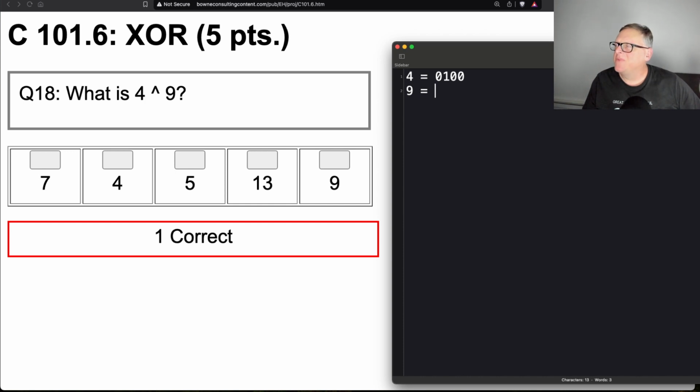Simplistic conjugate is doing well. That's good. 1, 0, 0, 1 is correct. That's 1. So if you do the XOR, what do you get?